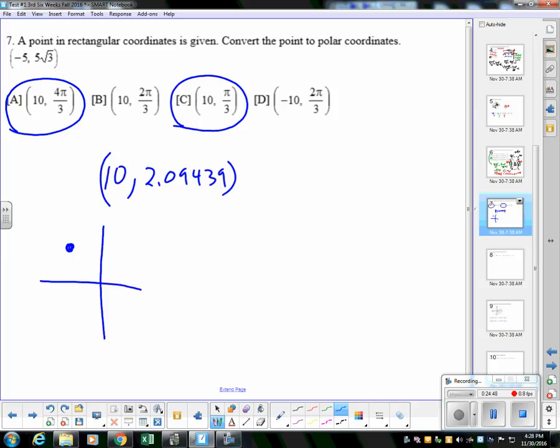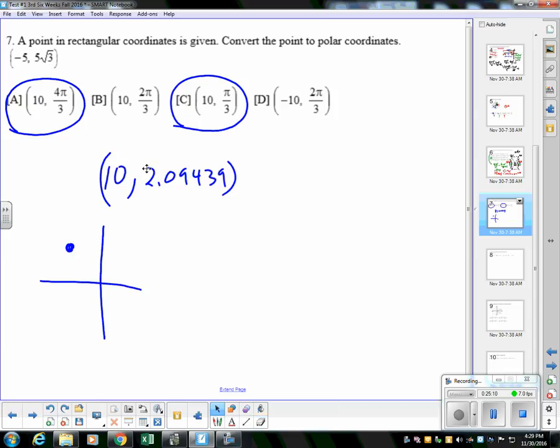Neither one of those can work because an angle located over here is not going to land you in the second quadrant whether you move forward or backward, and an angle located in here is also not going to land you in the second quadrant, whether you move forward or backwards. So we can already eliminate answer choice A and answer choice C.